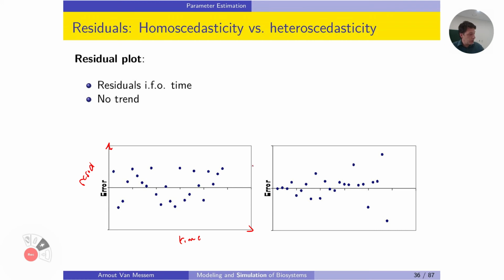So what we want is that the band around the central line is approximately constant. It's a nice band with parallel lines. There's no increase, no decrease. On the left hand, we see homoscedasticity. On the right hand, we see that it is increasing over time, and so there is heteroscedasticity. The variances are smaller in the beginning and they increase when time goes by.